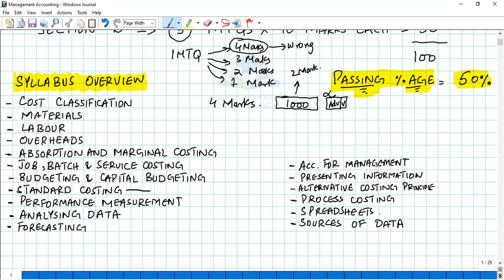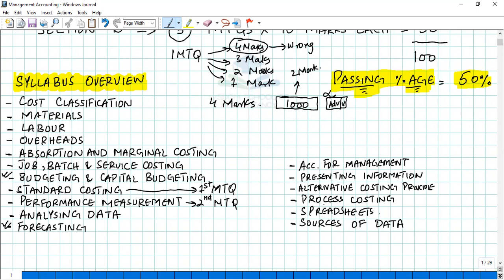Standard costing. So the first MTQ, the 10-mark question, you will be getting from this chapter, standard costing. The second MTQ you will be getting from the performance measurement chapter. And the third one could be from budgeting, capital budgeting or forecasting.